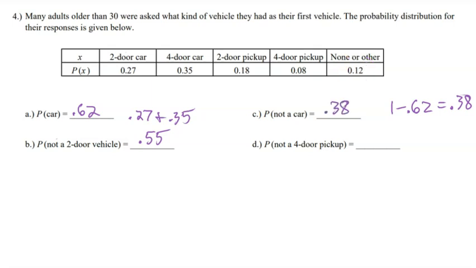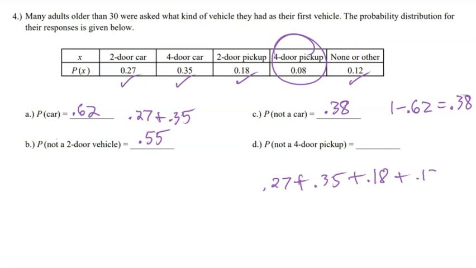Last one. What is the probability that it was not a four-door pickup? Well, there's only one category that's a four-door pickup. So as long as you're not in that category, you're good. So we're going to include this one, this one, this one, and this one. So it's 0.27 plus 0.35 plus 0.18 plus 0.12.